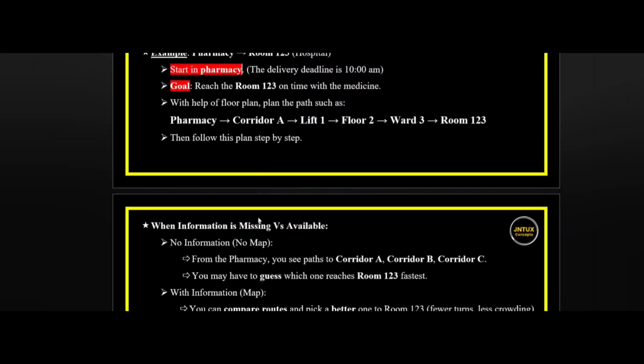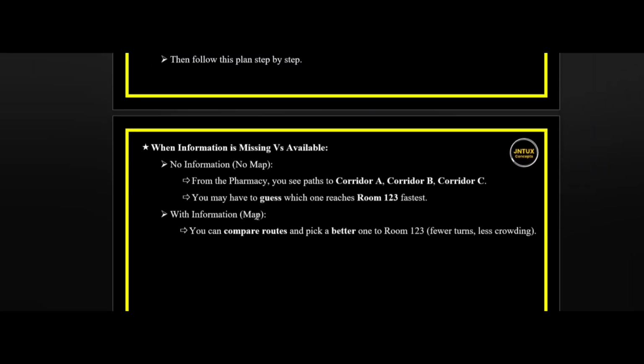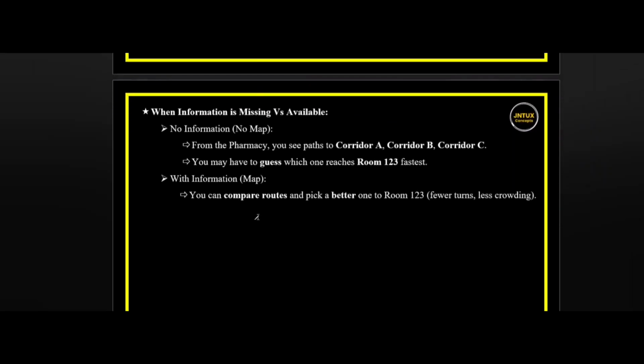In this concept, there are two cases: when the information is missing, and when the information is available. When there is no information, the problem solving agent just makes a random guess and chooses a path to reach the destination. Let's consider the above example only.